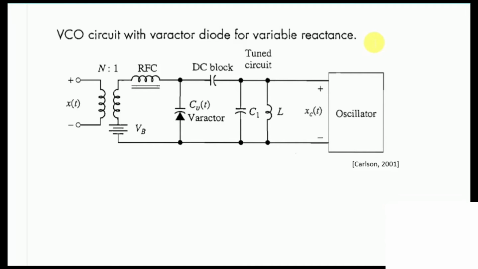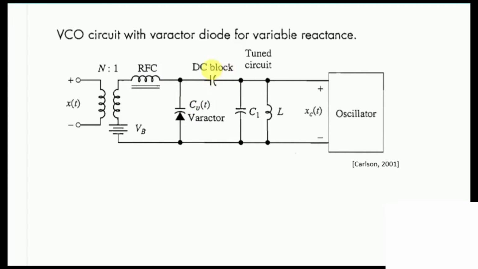From the circuit point of view, we can use the voltage control oscillator with varactor diodes using this circuit diagram. It's a very simple circuit diagram. Initially we have an input x(t), and then a step down transformer, and then we have a radio frequency choke, RFC.